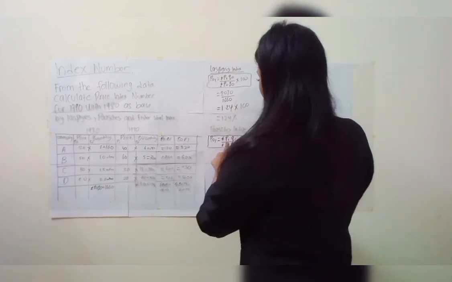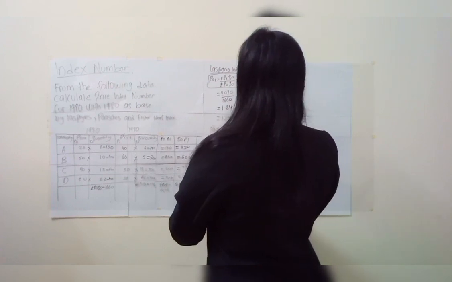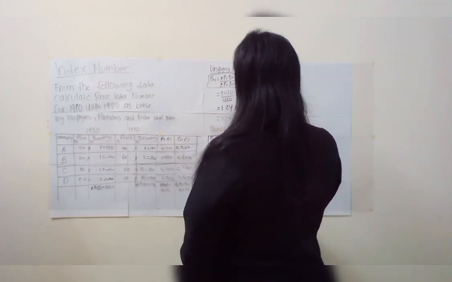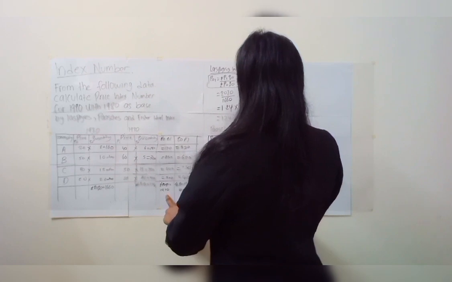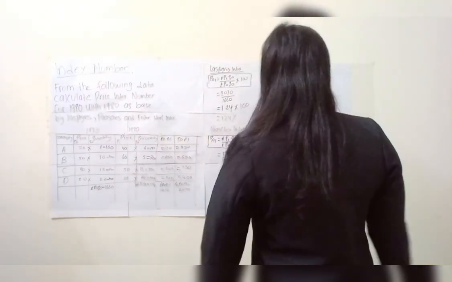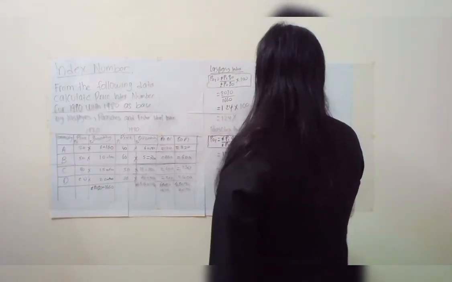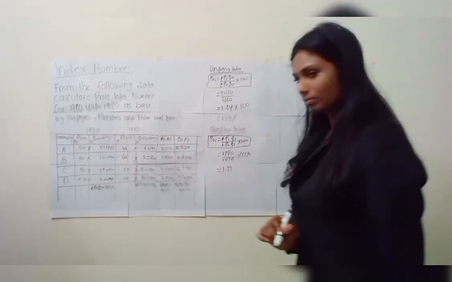Okay. So P1Q1 equals 1790 divided by 1470 times 100. Okay, the answer is 1.21.